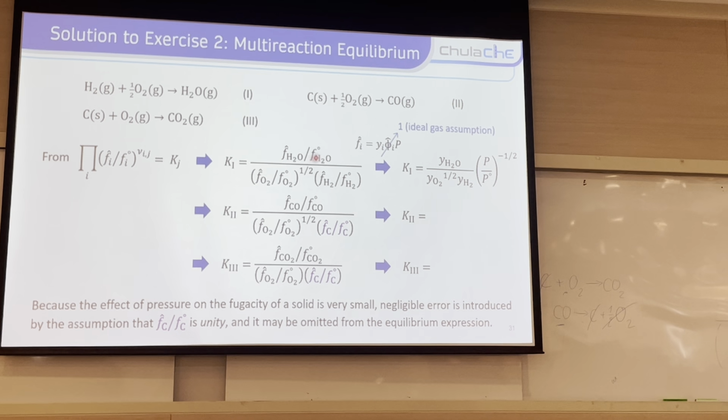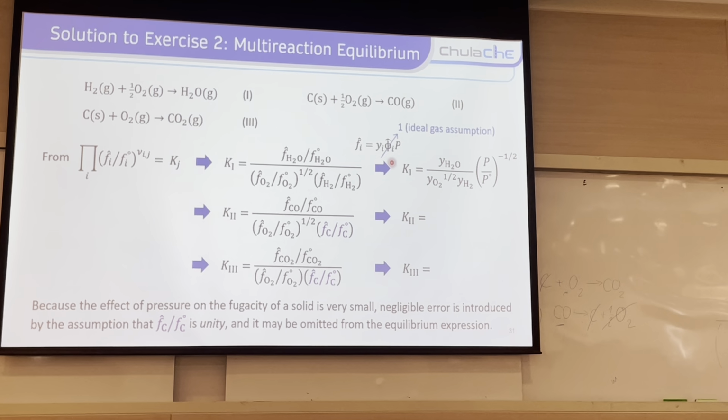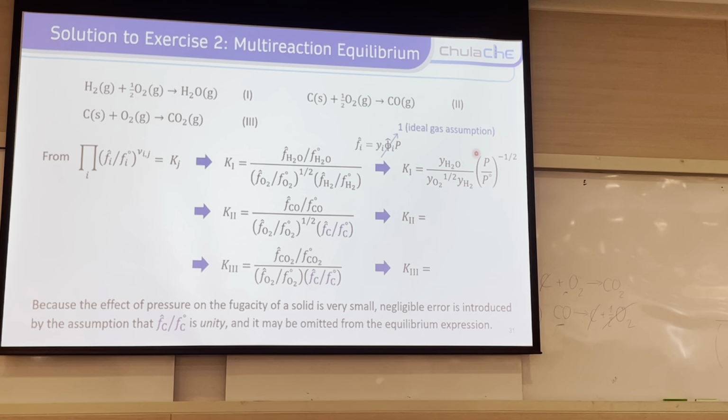And for the other species, we use the relation between mole fraction and fugacity coefficient for the gases, or mole fraction and activity coefficient for the liquid state, to change the fugacity in solution. Okay. So in the case of water, just change to the mole fraction and fugacity.